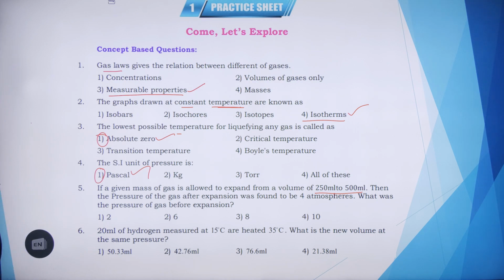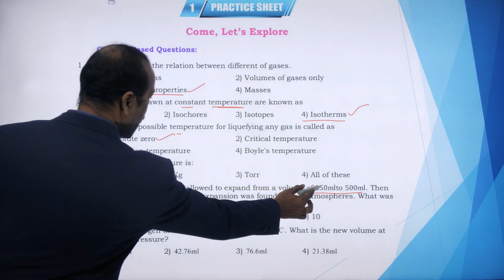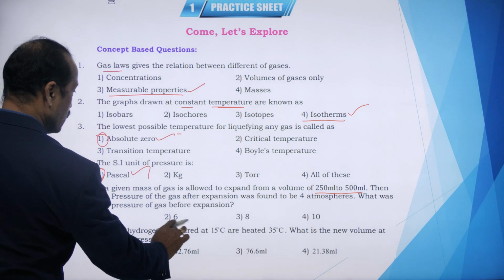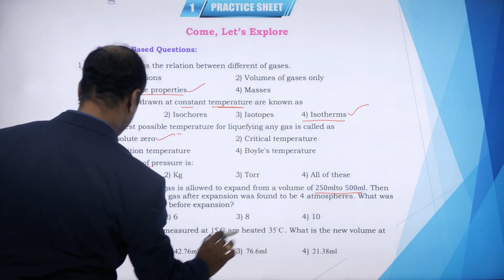Now the sixth one. 20 ml of hydrogen gas measured at 15 degrees Celsius is heated to 35 degrees Celsius. What is the new volume at the same pressure? Same as before, but here volume expanded to 500, whereas here 20 ml is given, with temperature instead of pressure. That's the difference.